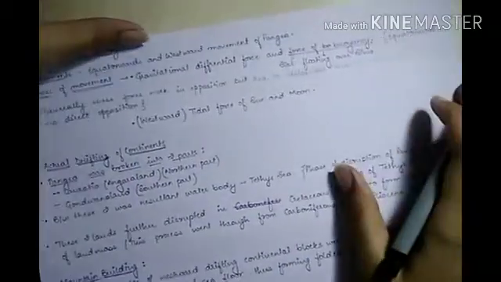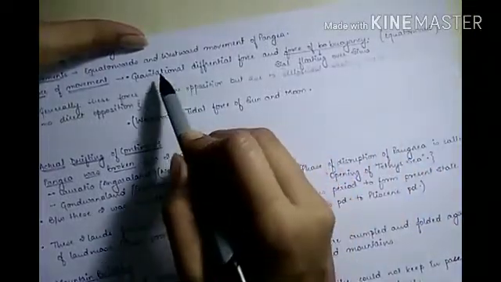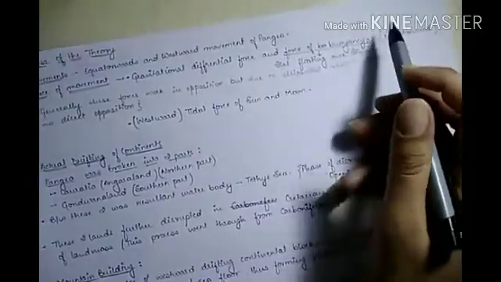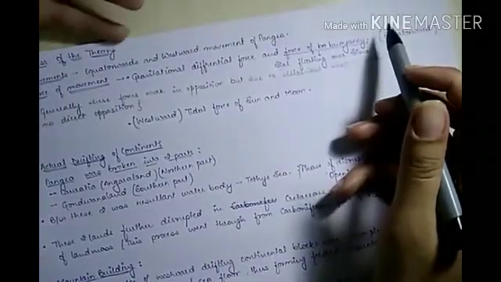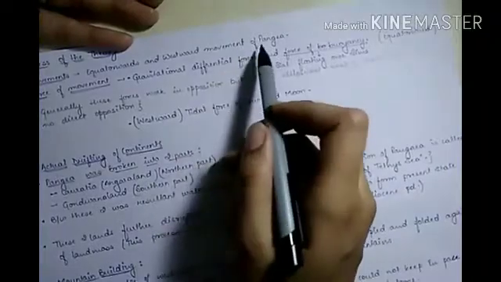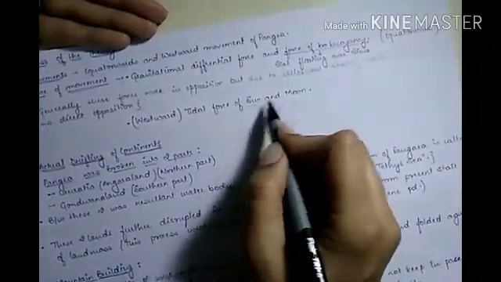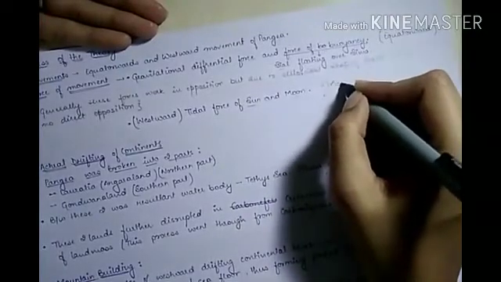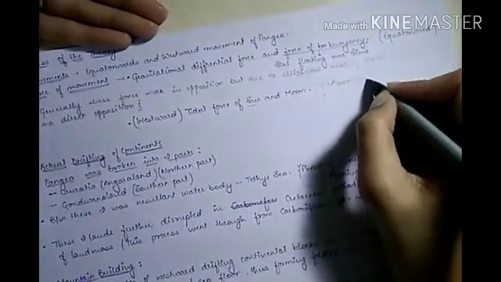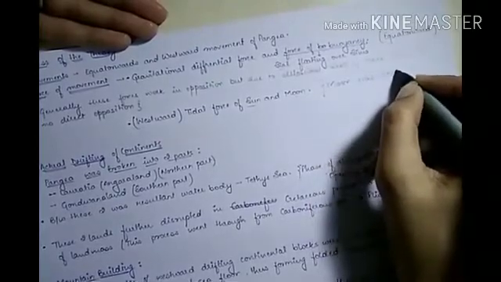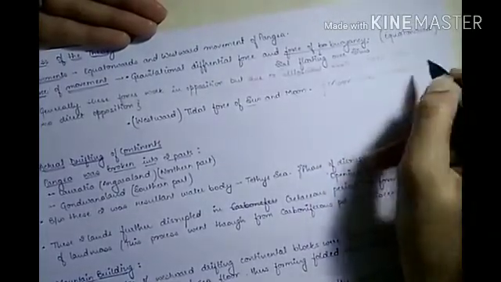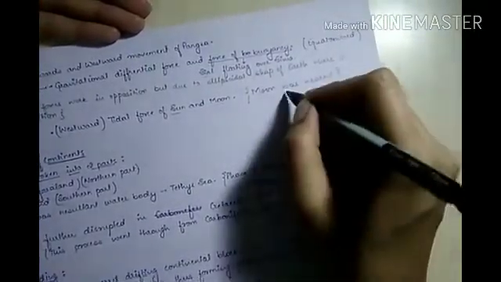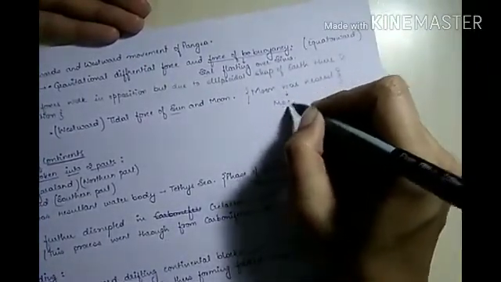So due to gravitational differential force and force of buoyancy, there was equatorward movement, and the westward movement was caused due to tidal force of sun and moon, which was maximum at the time when the moon was nearest to the earth. So when the moon was nearest to the earth, there was maximum force.